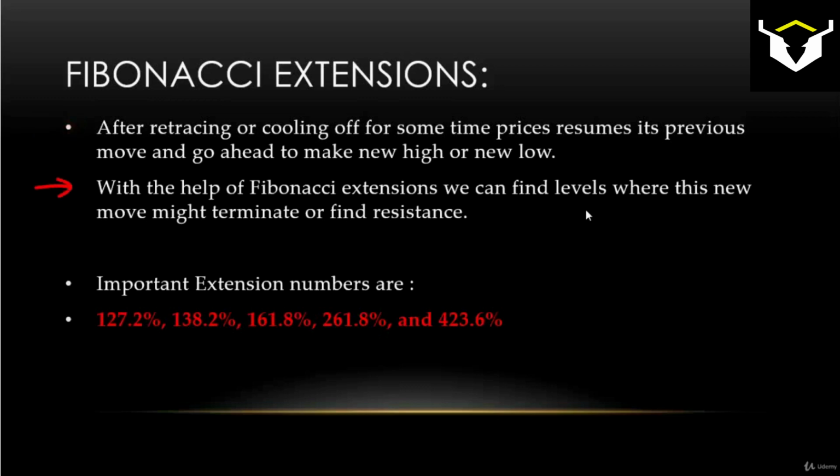With the help of Fibonacci extensions, we can find levels where this new move might terminate or find resistance. Important extension numbers are 127.2%, 138.2%, 161.8%, and 261.8%. Finally, 423.6%.